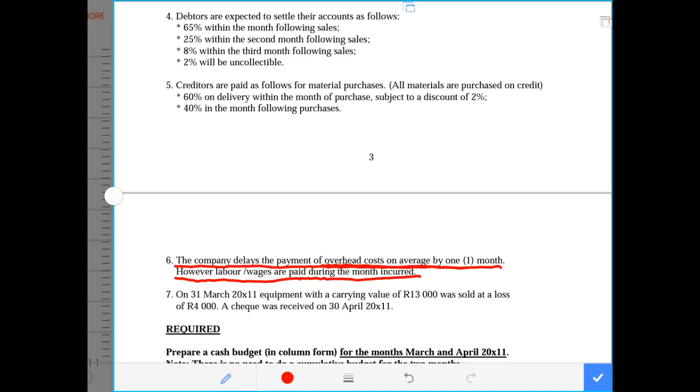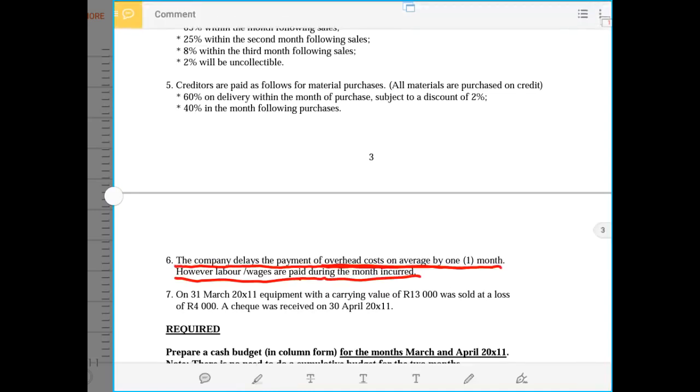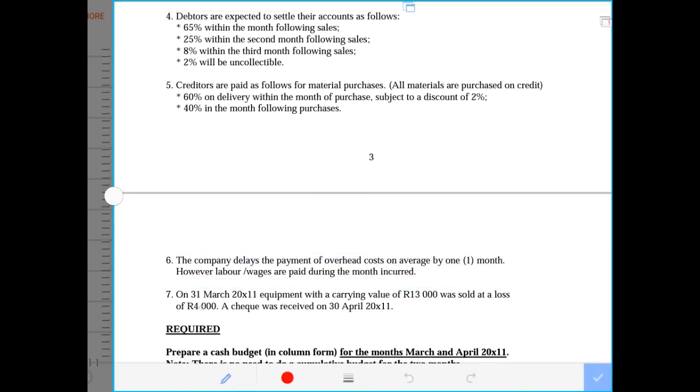In other words, overhead incurred in December will be paid in January. The ones that were incurred in January will be paid in February. So our overheads are paid 1 month later. They accrue 1 month. However, labor or wages are paid during the month they are incurred. So the labor costs are paid in the month in which they are incurred.